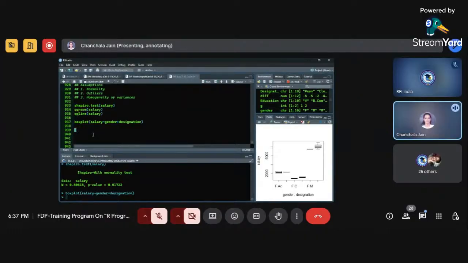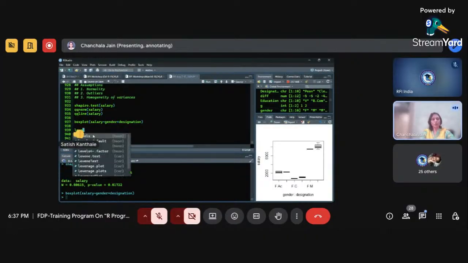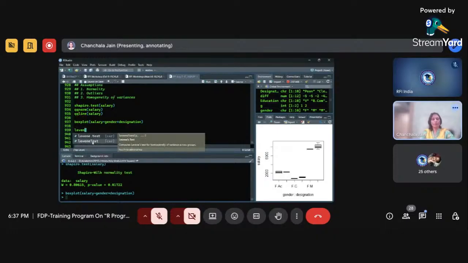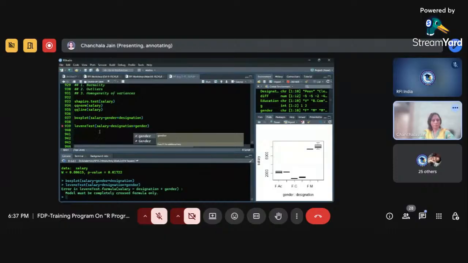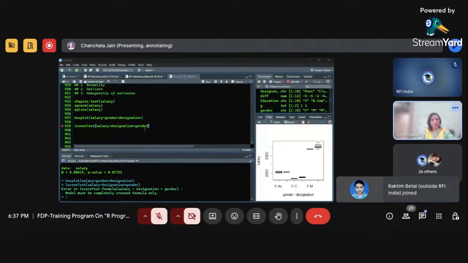Now, for homogeneity of variances, you need to use Levene's test. What is it showing me?